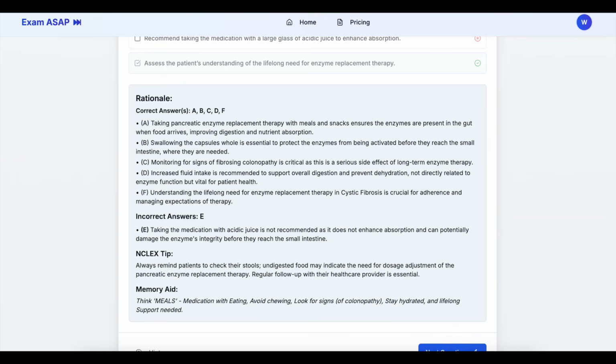C. Monitoring for signs of fibrosing colonopathy is critical as this is a serious side effect of long-term enzyme therapy. D. Increased fluid intake is recommended to support overall digestion and prevent dehydration, not directly related to enzyme function, but vital for patient health. F. Understanding the lifelong need for enzyme replacement therapy in cystic fibrosis is crucial for adherence and managing expectations of therapy.